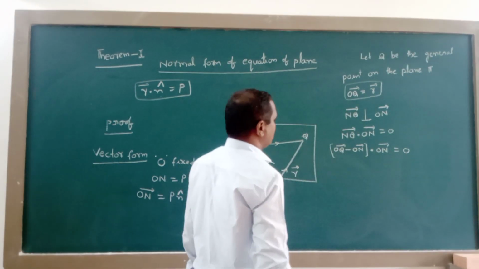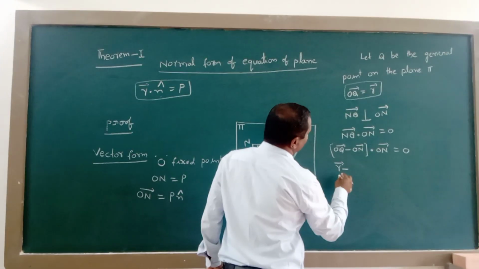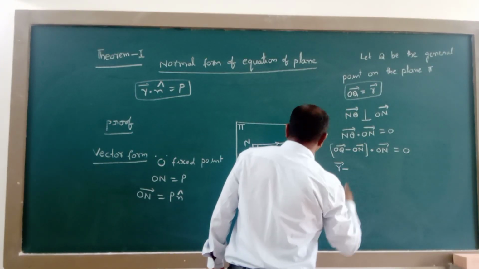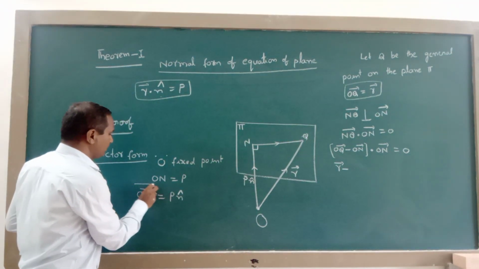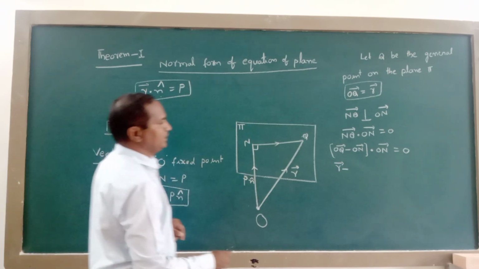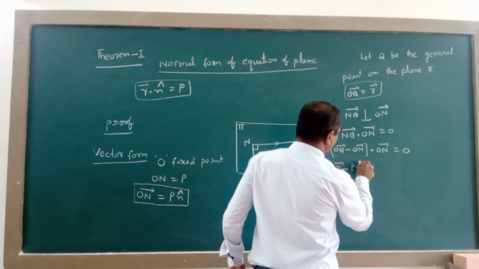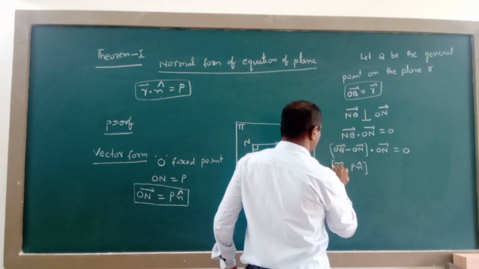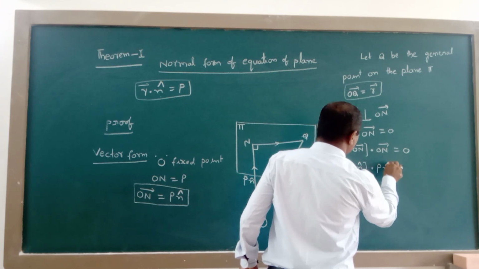OQ vector is r vector, minus ON vector, which we already considered as P n cap. Substitute: (r vector minus P n cap) dot P n cap is equal to 0.